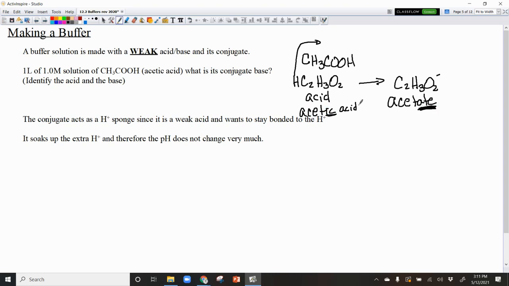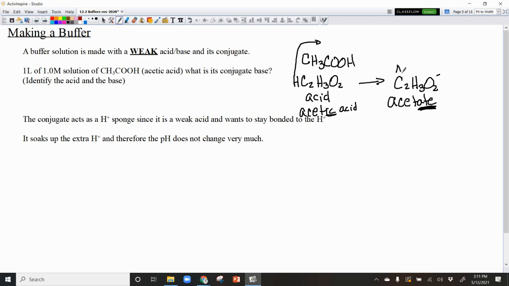Okay, acetic, acetate. Now, you don't just have acetate ions that you add. This needs to be bonded with some kind of spectator ion. And so what they usually do is bond it with a group 1 spectator ion, because remember, group 1s are always soluble.